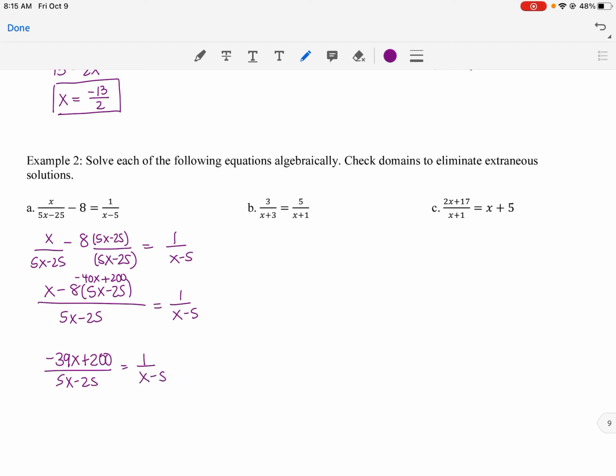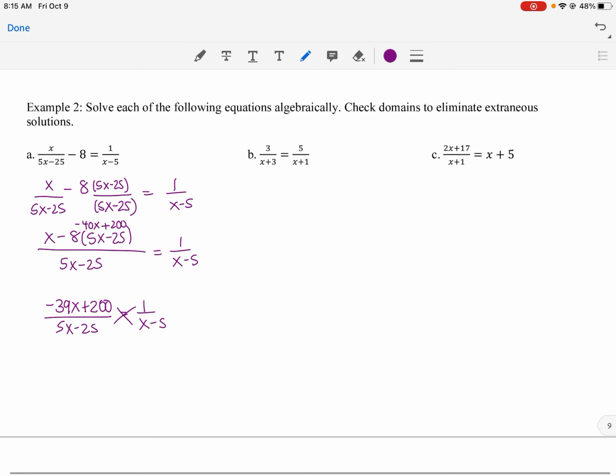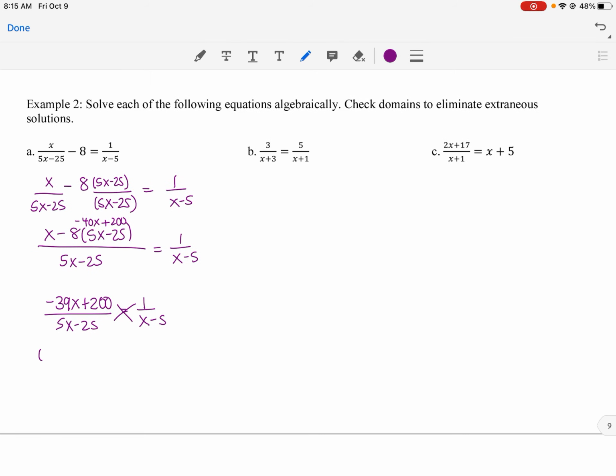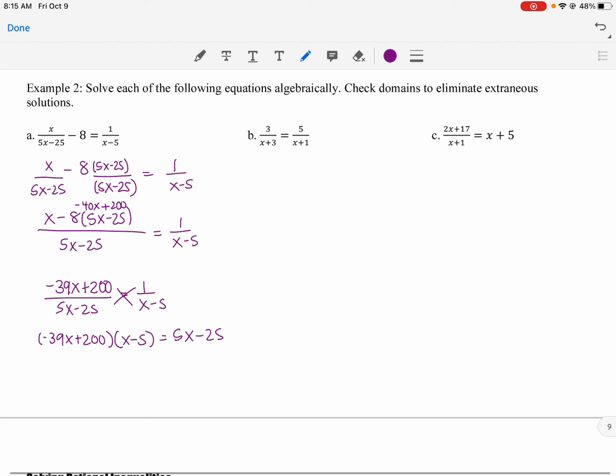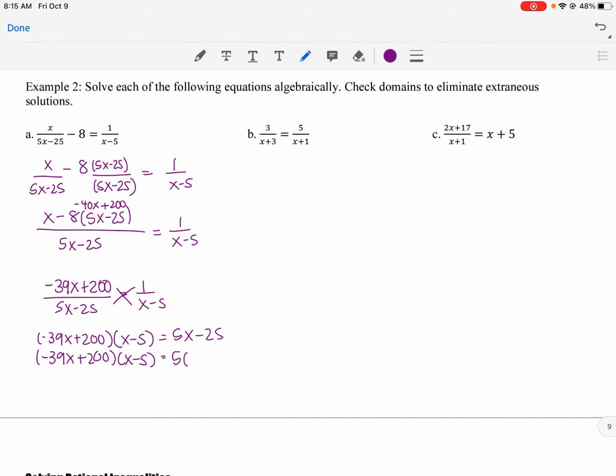There are definitely a couple options here. I think cross-multiplying is a nice way to go about solving this. So we'd have negative 39x plus 200 times x minus 5 equals 5x minus 25. Okay, so something I notice here is the right side can be factored, right? I could take a 5 out of both of them.